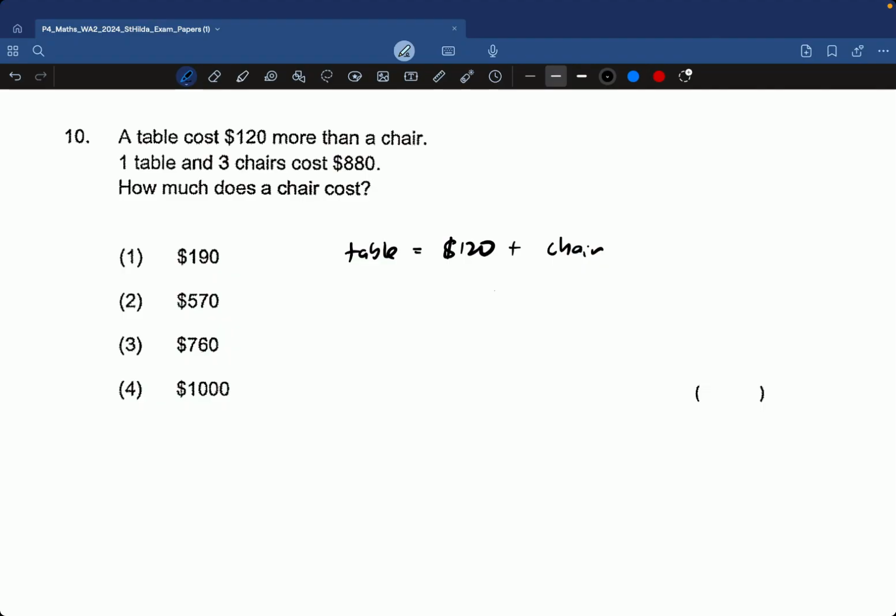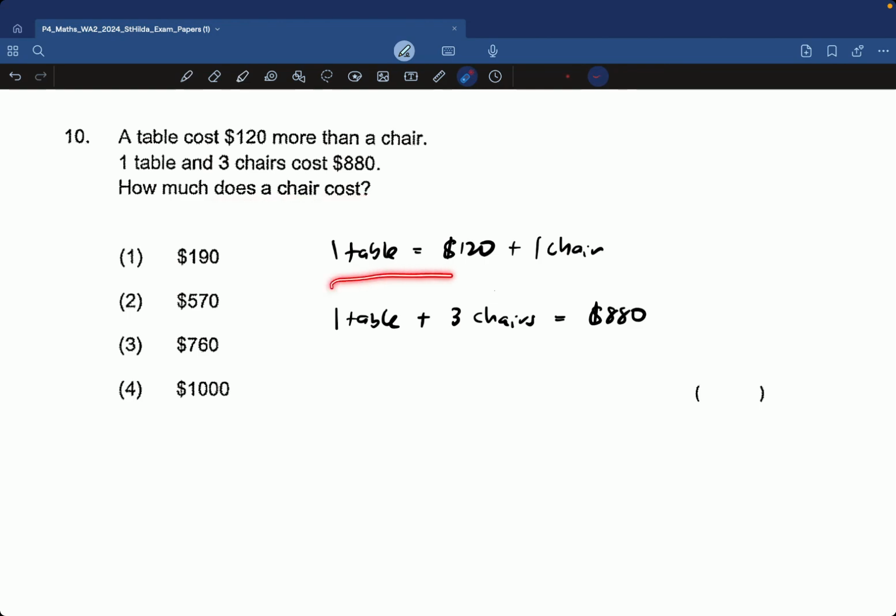Then it says one table and 3 chairs cost $880. So we have one table plus 3 chairs equal to $880. How do we get the cost of the chair?